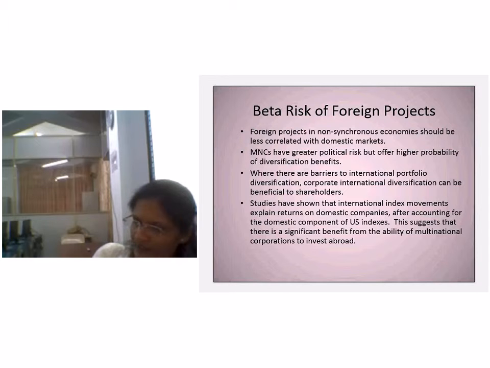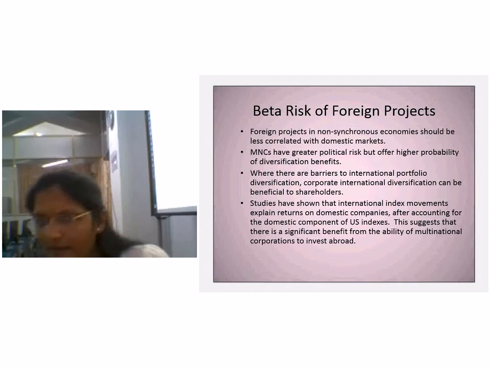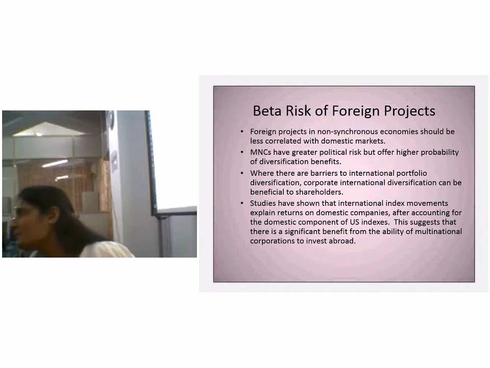Multinational companies have greater political risk but offer high probability of diversification. Yeah, we know that is a benefit of a multinational company, that if the multinational company is located in different geographical regions, they can enjoy the diversification benefit.